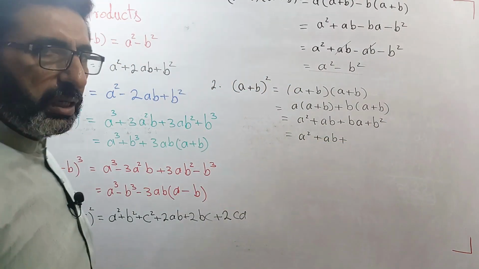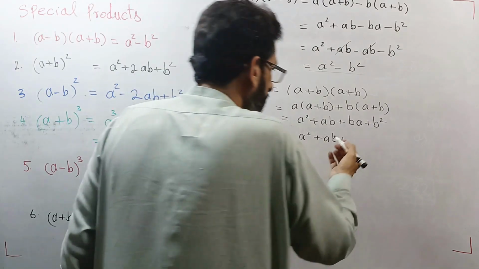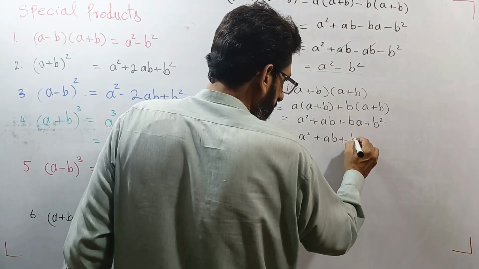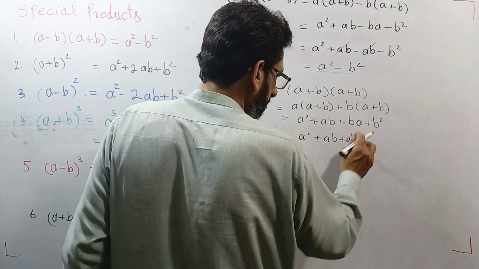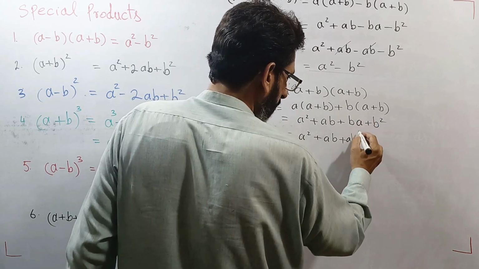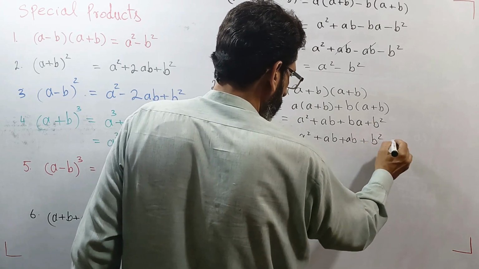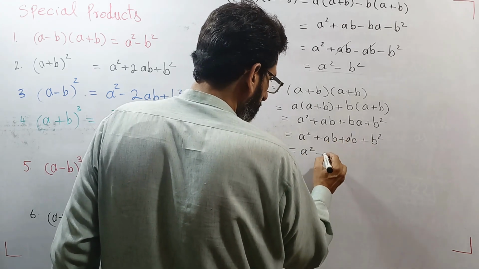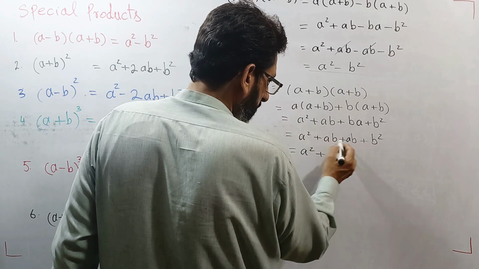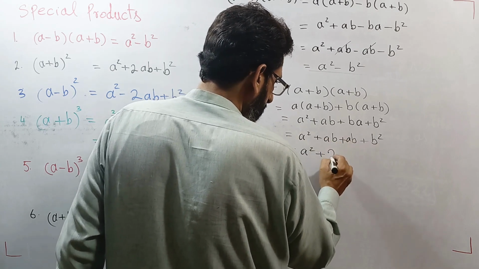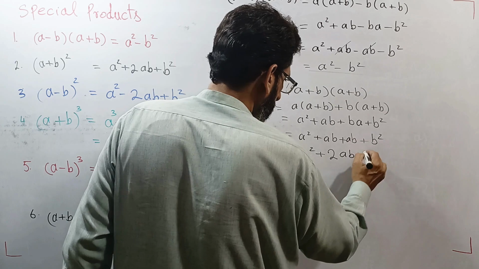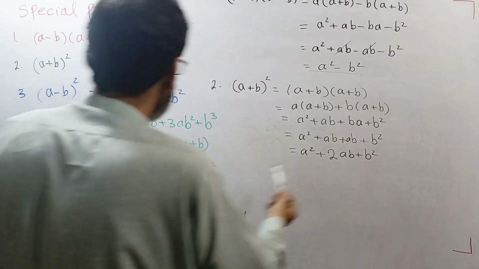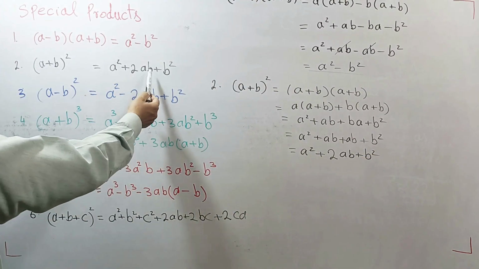Here a and b are real numbers, so we can commute this term and write ba as ab, by the commutative law of multiplication. So a² + ab + ab + b². Its coefficient here is 1 and here is 1, so it becomes 2ab + b². And this is the right hand side of our formula number 2.